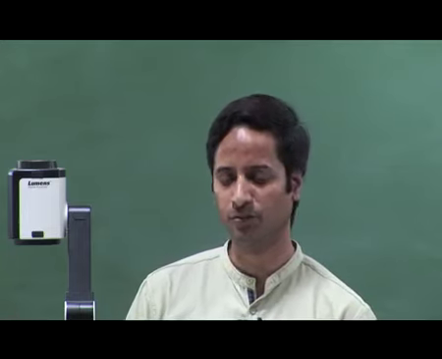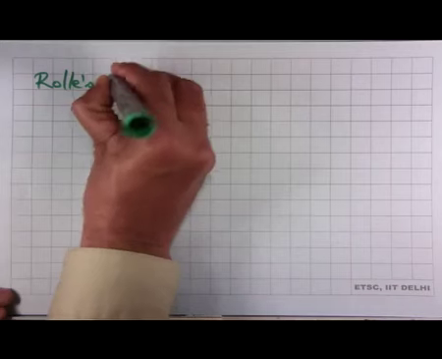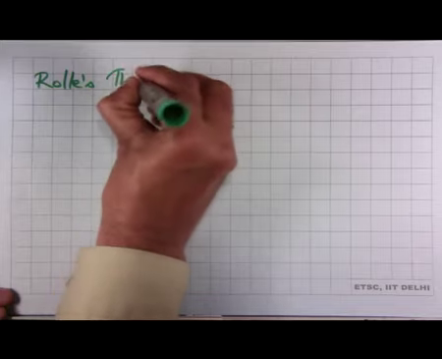So, after this, next we will learn the two other very important theorems on derivatives, which are the Rolle's theorem and the mean value theorem. So, let me first state the Rolle's theorem.